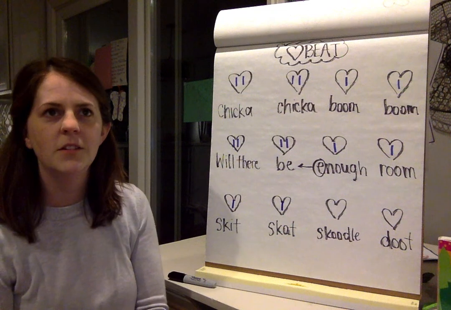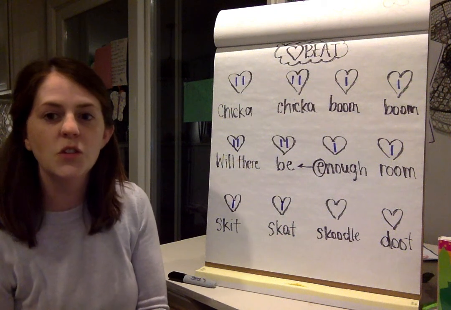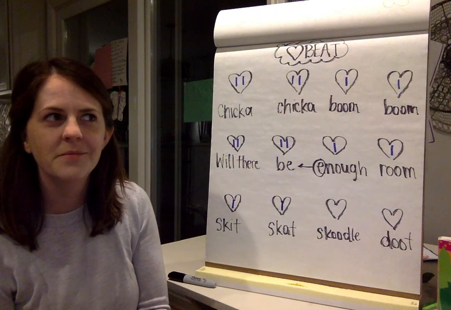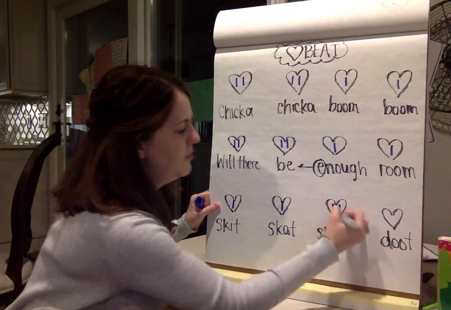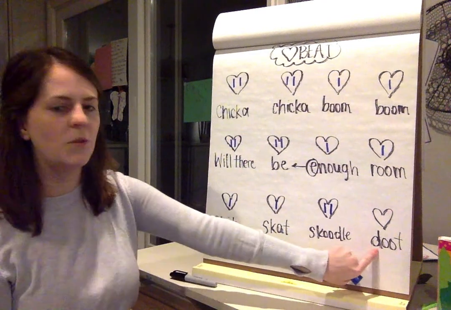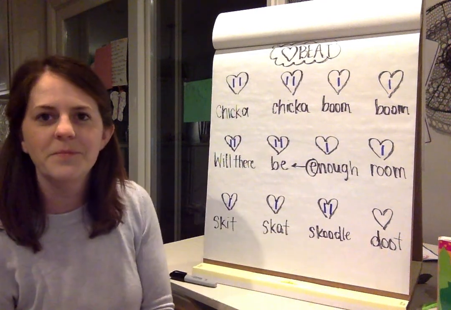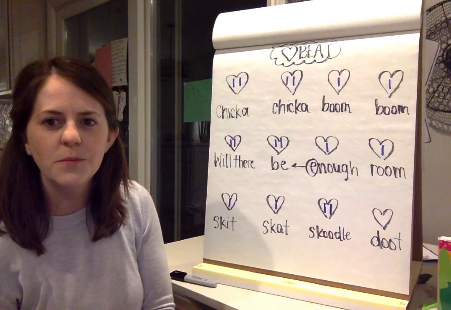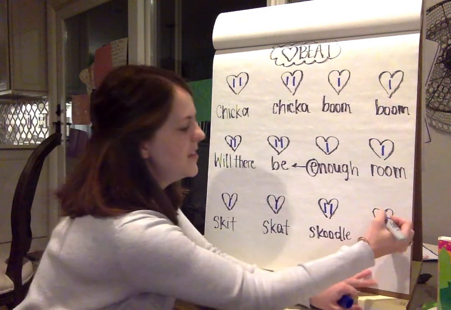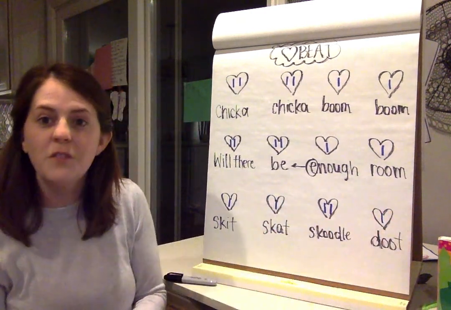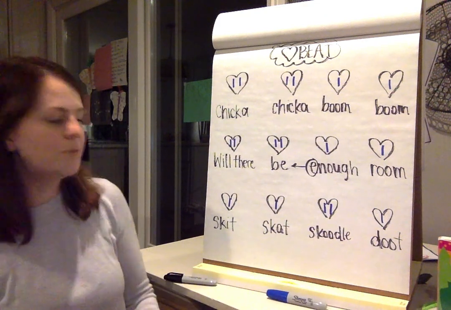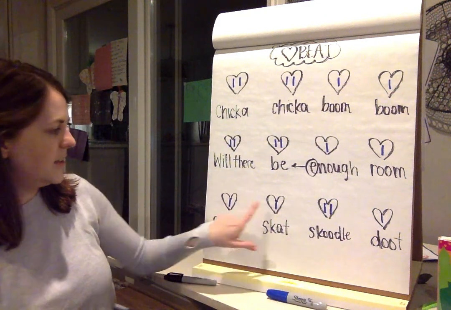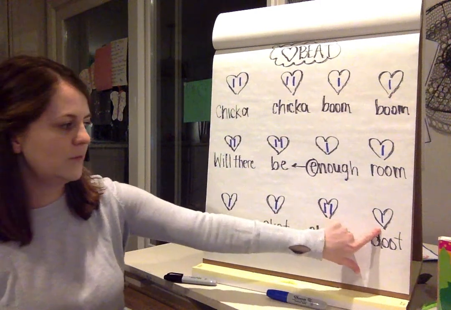Scoodle. How many sounds do you hear in scoodle? That's right, 2 sounds. So you're going to make 2 lines. And the last one is doot. How many sounds in doot? That's right, 1 sound. So now you've figured out the rhythm for that line of the story. Let's pat it out. Skit, scat, scoodle, doot.